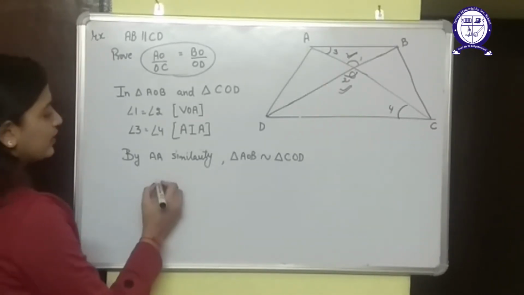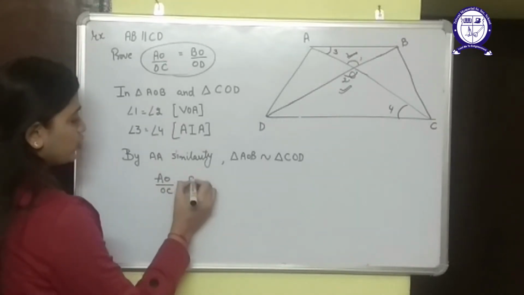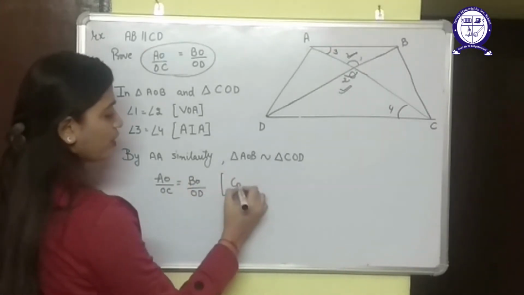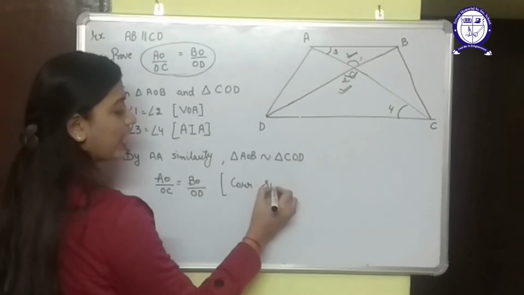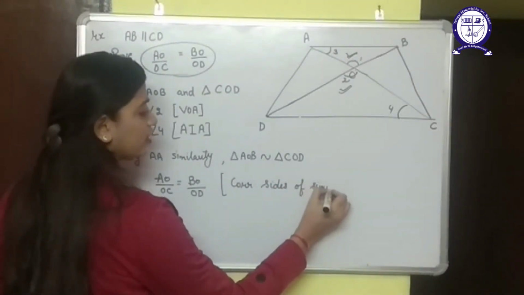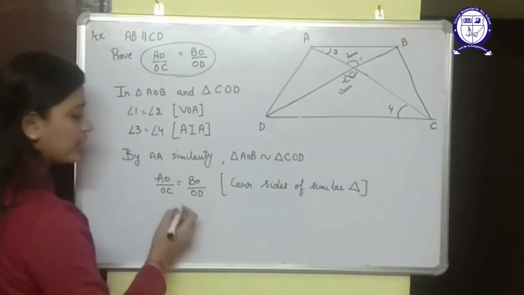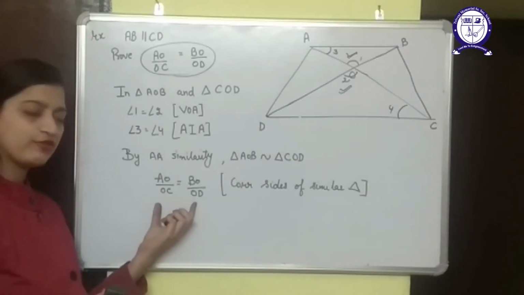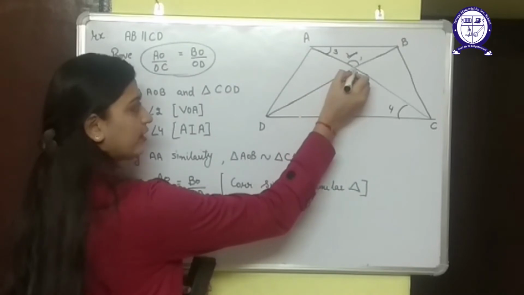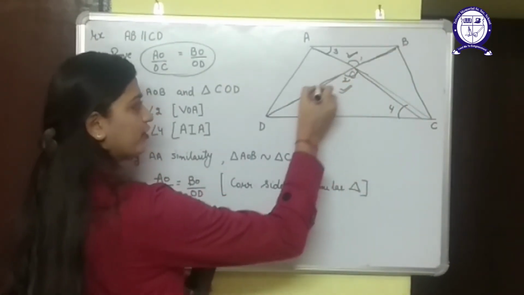So we can write AO upon OC is equal to BO upon OD by corresponding sides of similar triangles, because we are talking about sides here. And you can see how I have formed this. This is one side of this triangle and the other side of this triangle. Then one side of this triangle and the other side of this triangle.